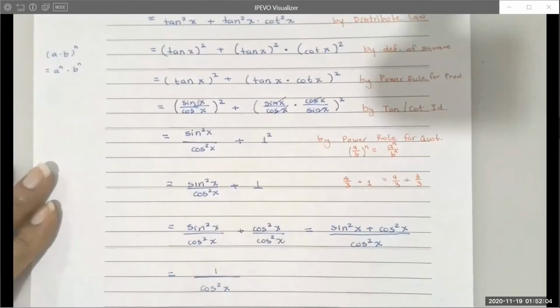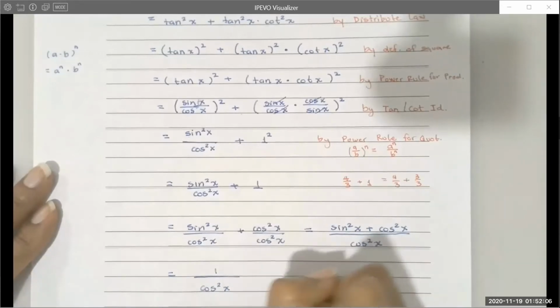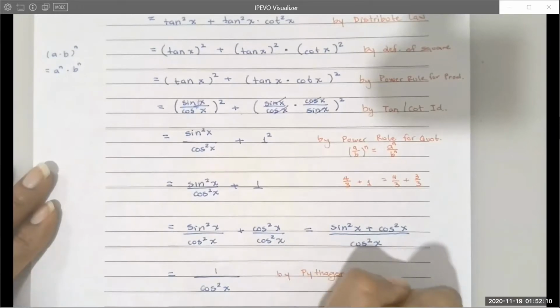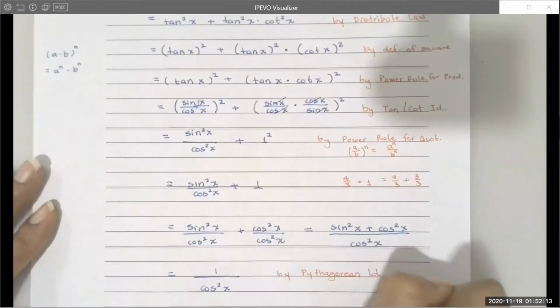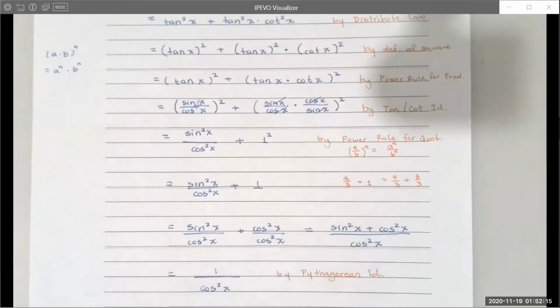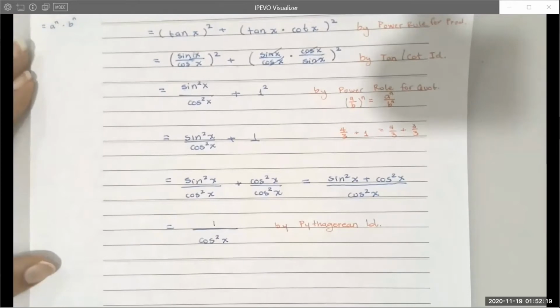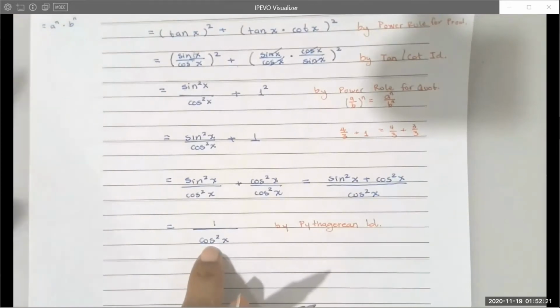And this is by Pythagorean identity. Okay. So we're a lot closer now, but we still have a different denominator. We have the cosine squared x.